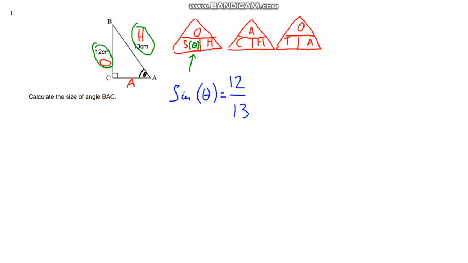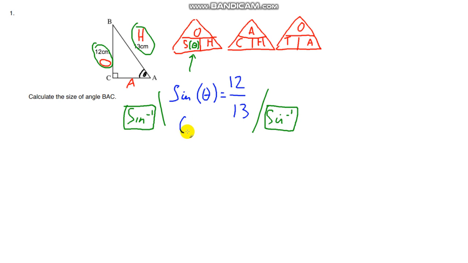What I have to do is do the inverse of the function, which on a calculator is going to look like a button called sine minus 1. Now I'm going to do that to both sides, but on one side it's going to cancel out the sine function that we had before.